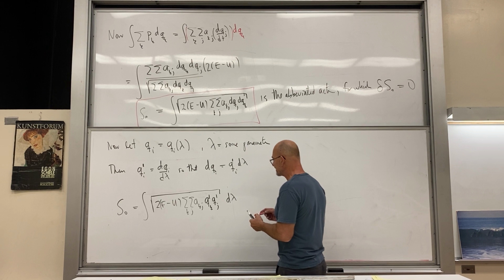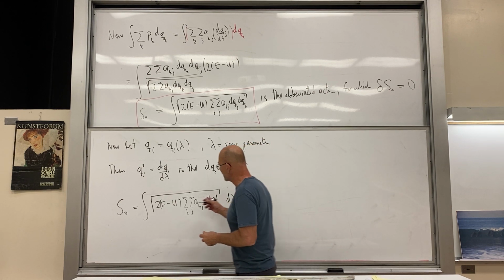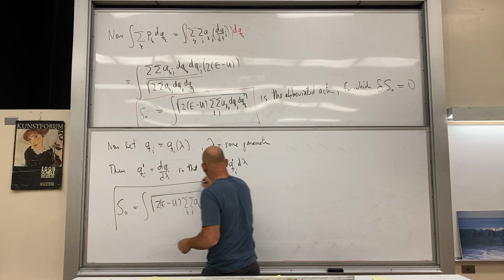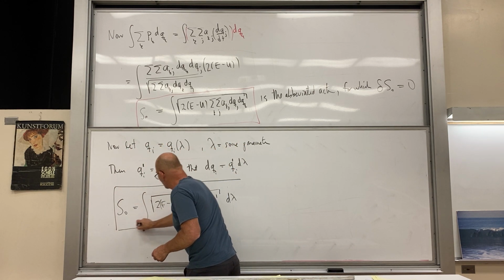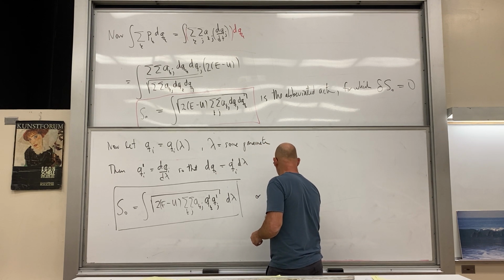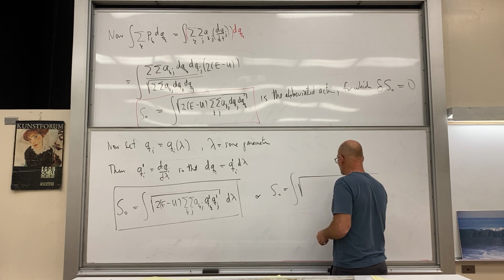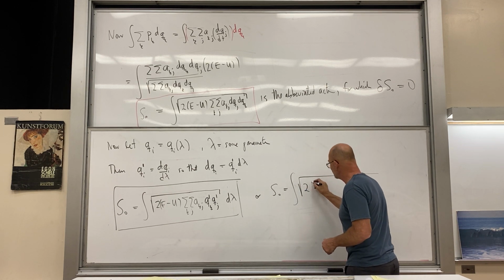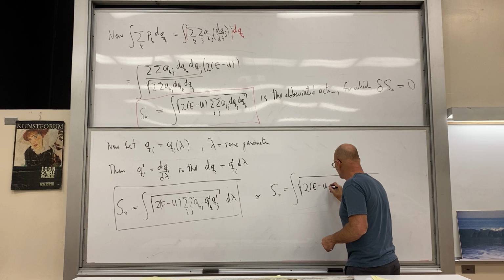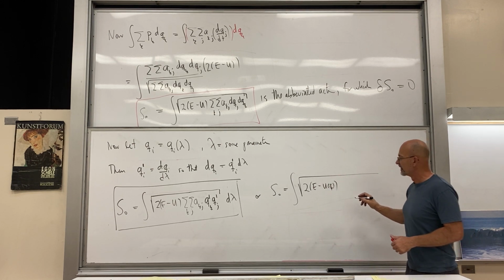Maybe I should write this in the following way. I'm going to write the same thing once more with all of the arguments for S0 equal to the integral. Just make sure we have all the arguments here. So it's 2(E minus U of q), I put the q as a vector, right? Both values.